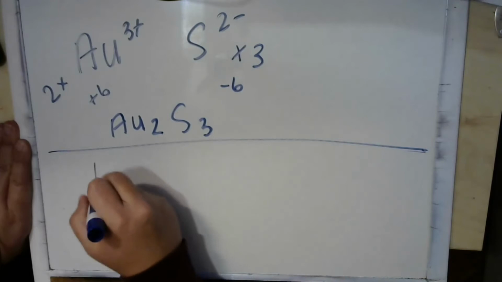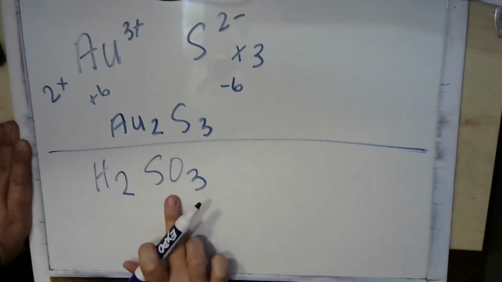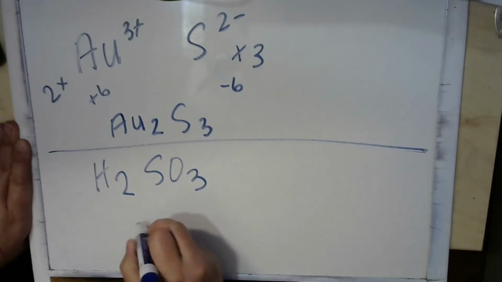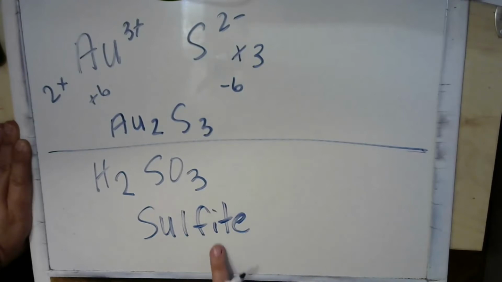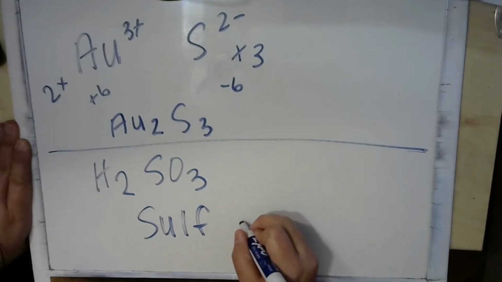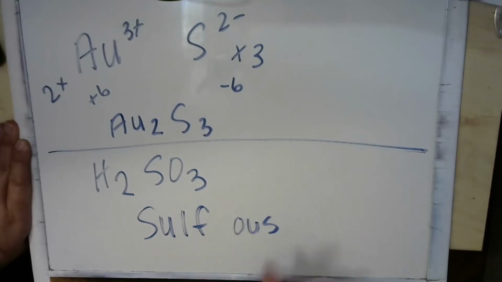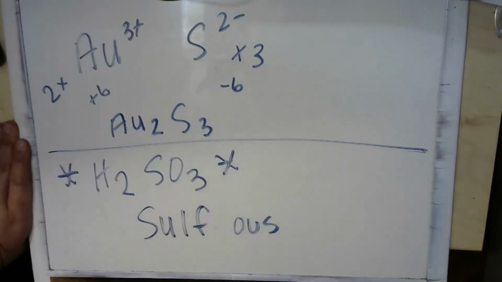For the next example, we have H2SO3. This ion is the sulfite ion. I'm going to take this ITE ending, get rid of it, and I'm going to replace it with an OUS. Now, what we have here, we're going to star this one because we have a special exception.